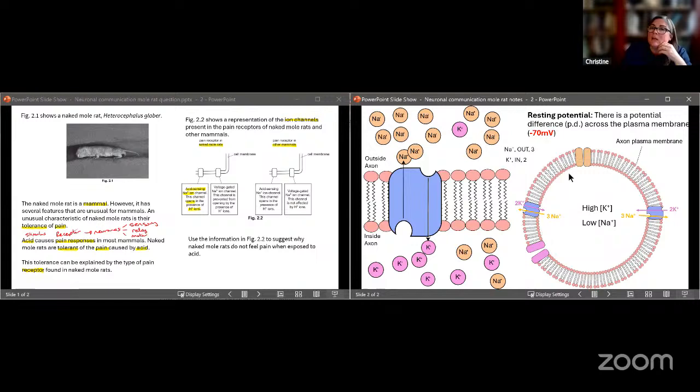You can also see I've got some channels in my membrane, and those channels can be open or closed.